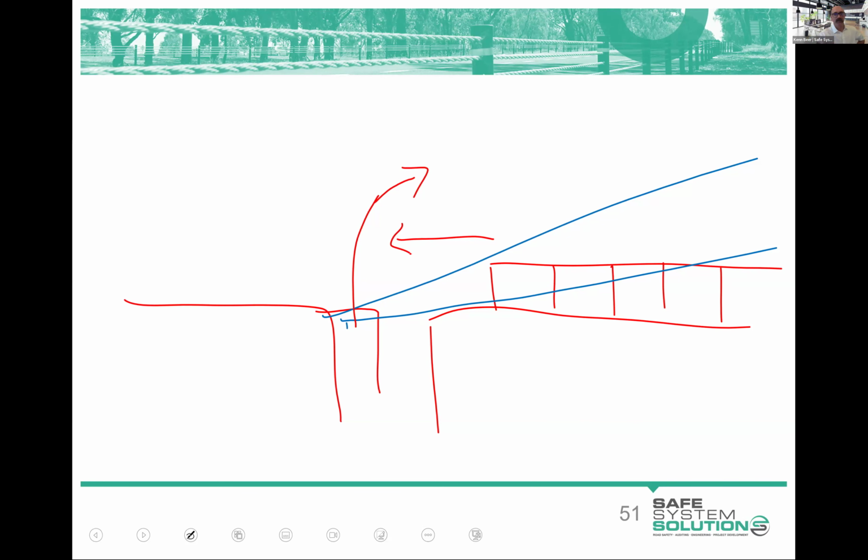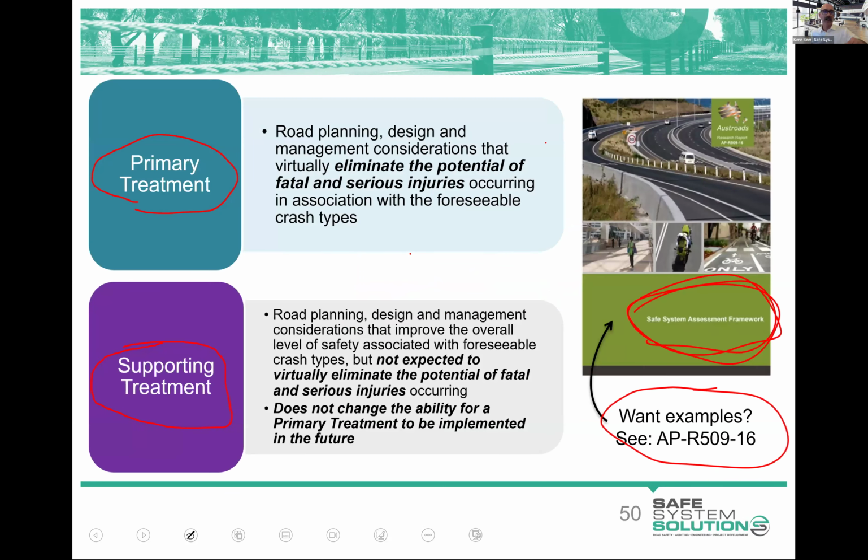That's the crash. Now, if we go back to here, we see that a primary treatment eliminates the potential for fatal or serious injury occurring in association with the foreseeable crash type.